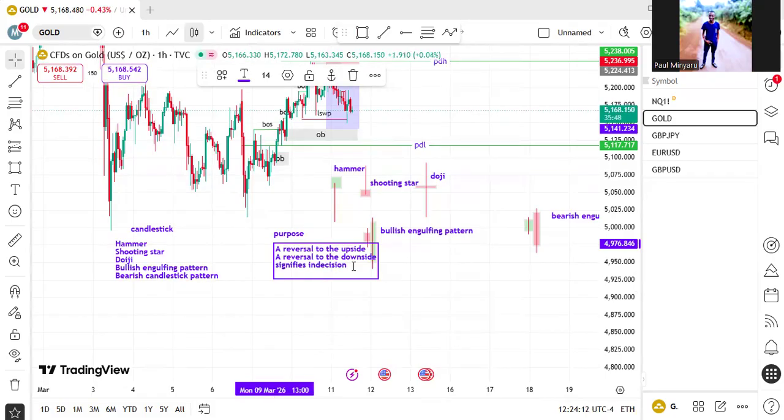It signifies that buyers are now in control of the market. Buyers have decided to push the price up strongly. That is what a bullish engulfing pattern signifies. It signifies an uptrend, so a reversal to the upside.